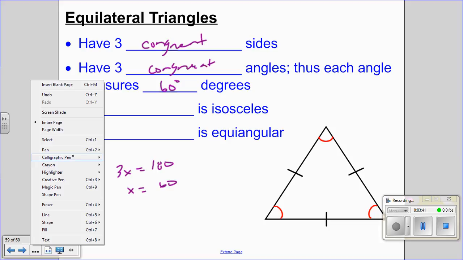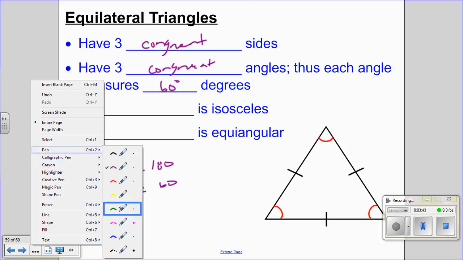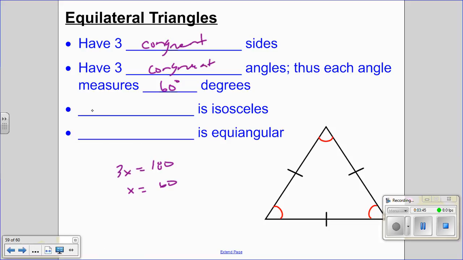Therefore, an equilateral triangle will always be isosceles, because isosceles means at least two, or two or more. And an equilateral triangle will always be equiangular.